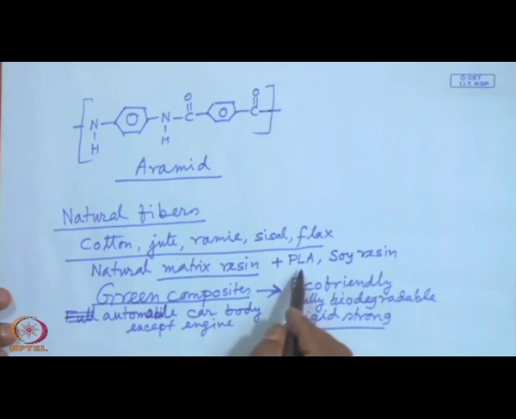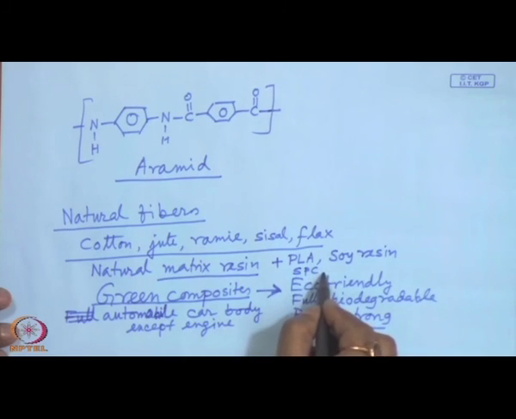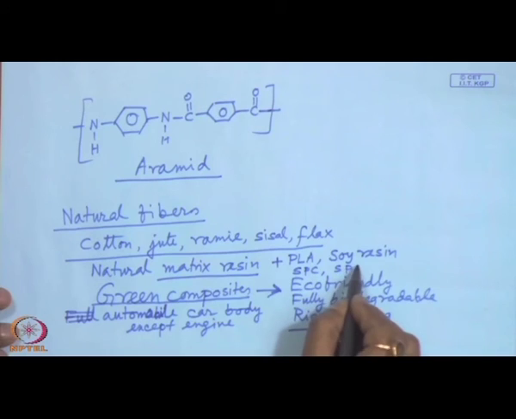There are commercial soy resins available in the name SPC, soy protein concentrate, or SPI, soy protein isolate. These are basically protein molecules having peptide linkage, vegetable protein. They are used as matrix resin, which are biodegradable and naturally occurring.